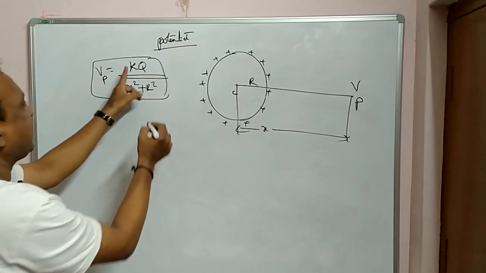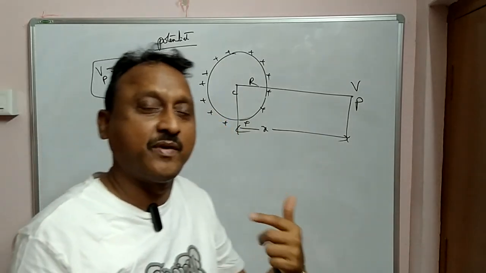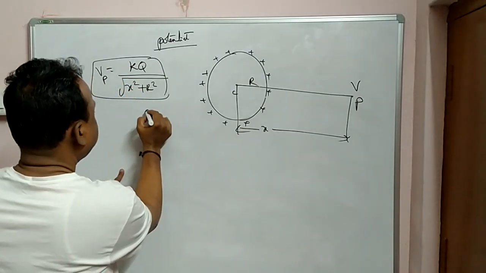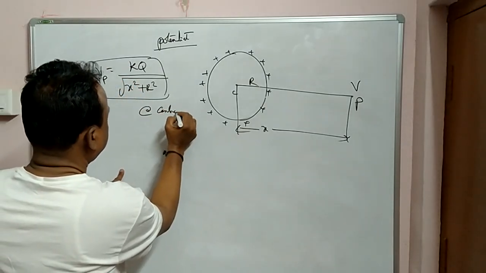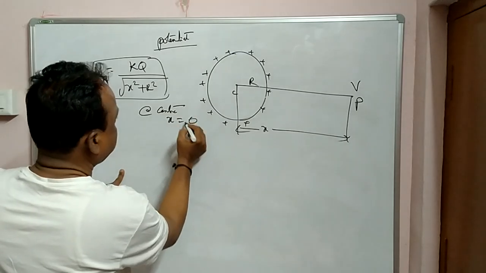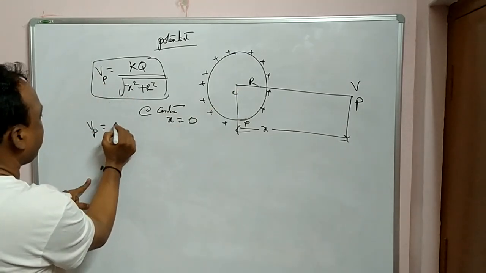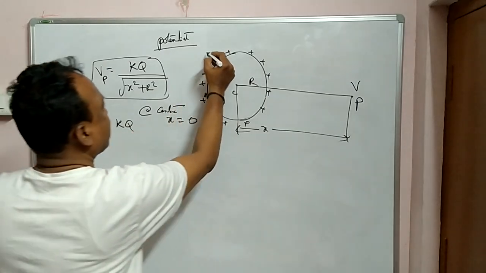In intensity we have seen KQx by x square plus r square power 3 by 2. Now here also you can observe at the center, x is equal to 0. What happens to the potential?